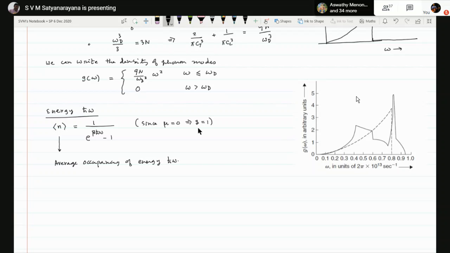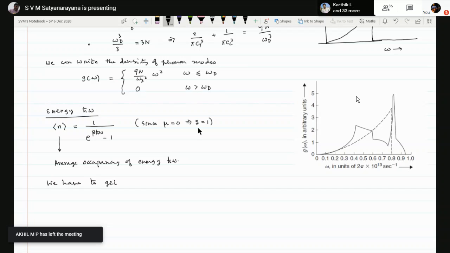Now to find out the specific heat, we have to get the internal energy of the system, and that is basically the average energy of the system. So we have to get the average energy of the system.